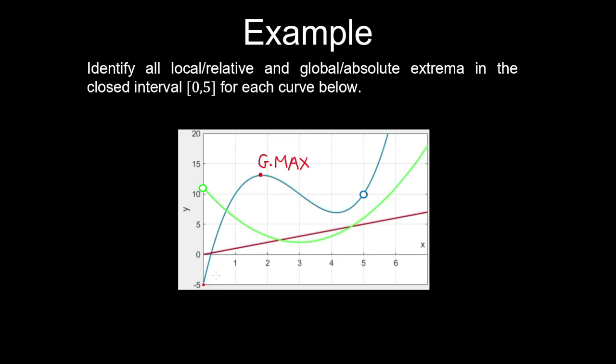And we call this point here a global minimum, because that has the lowest possible value in that interval. So therefore this here is a local minimum, and the global maximum is also a local maximum because it occurs at a critical point. So try to determine the extrema for the other curves and post your answer in the comments.